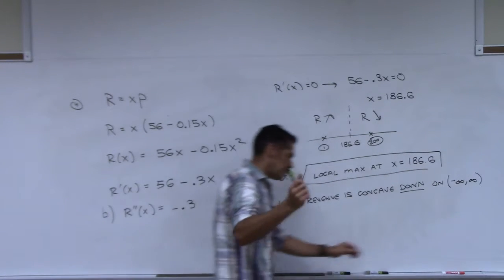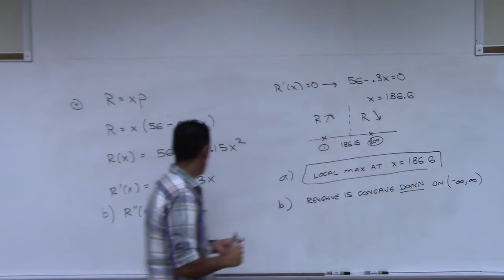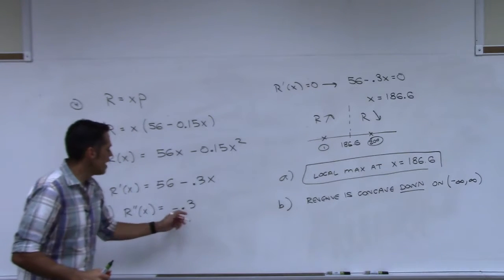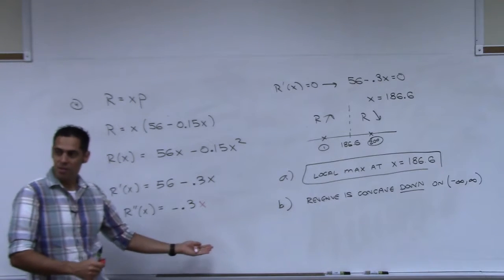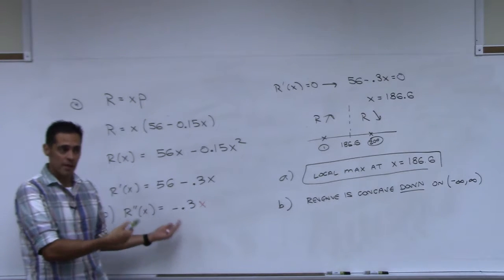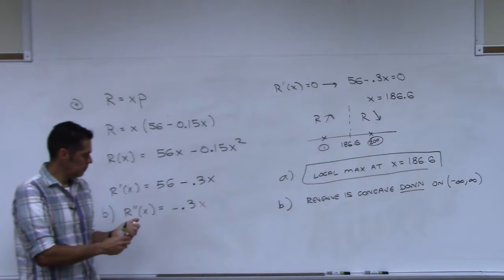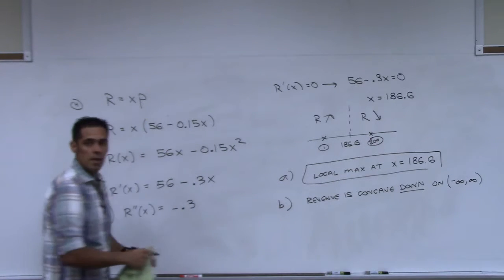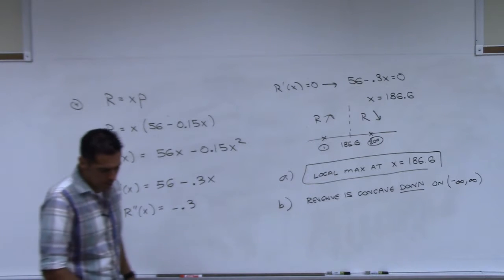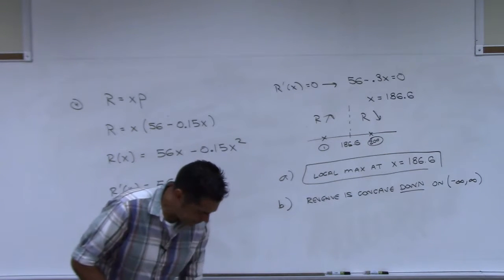So what if, just for the sake of making sure you understand this, what if this had turned out to be negative 0.3x? Then you would set that to 0 and do test points. Okay? That okay? We good?